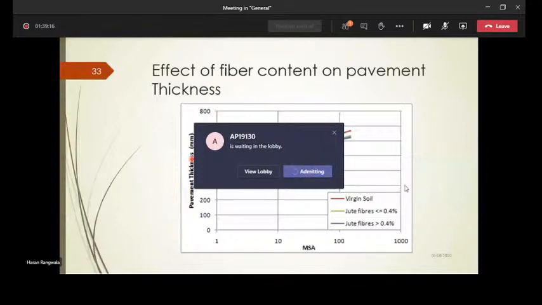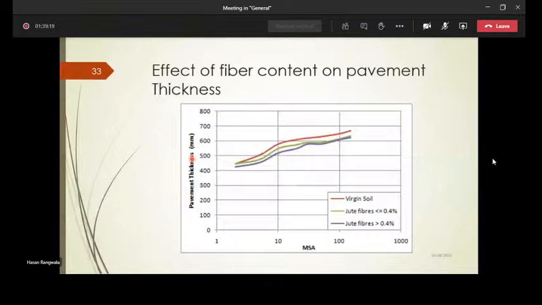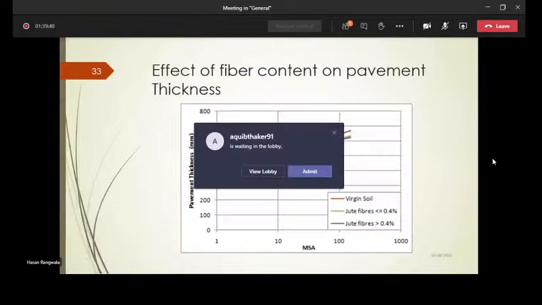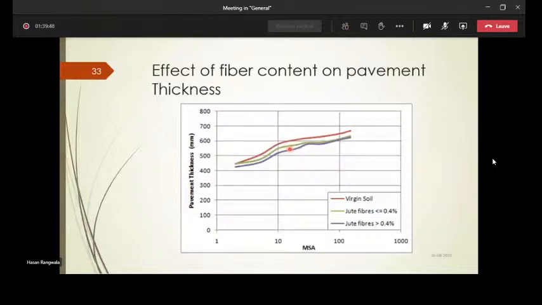The soil used in the pavement subgrade is always agricultural soil, sometimes from a very nearby area, or you may have to borrow it from some other land. So if I can reduce the thickness, for example from 600 to 550 or 540, and use that 50 over a large stretch of road, then I will be saving quite a higher volume of soil.